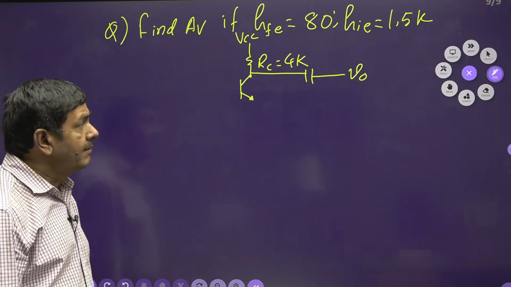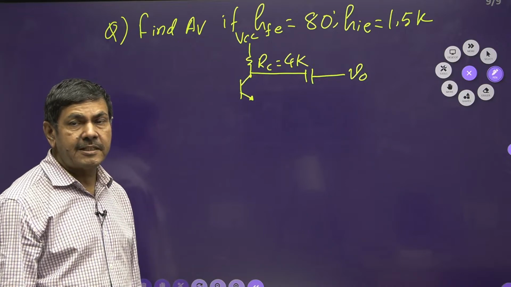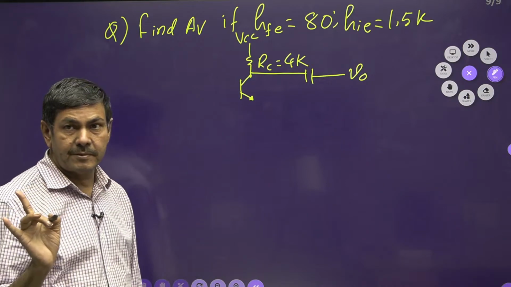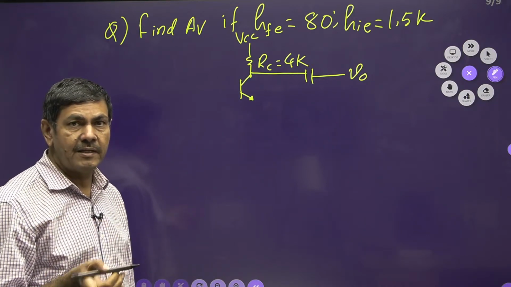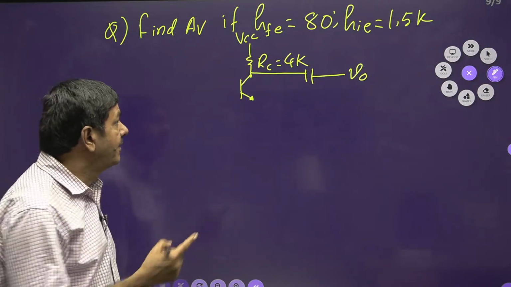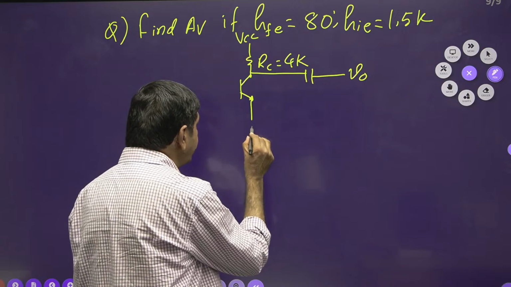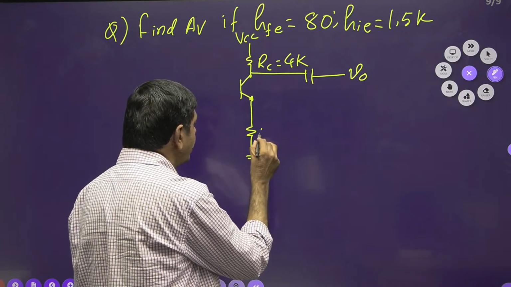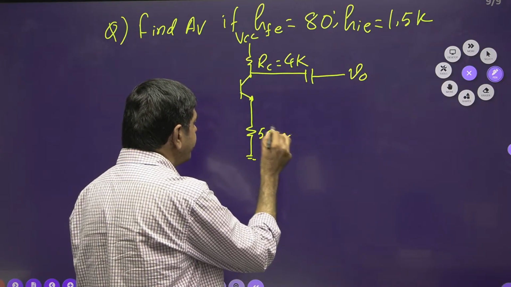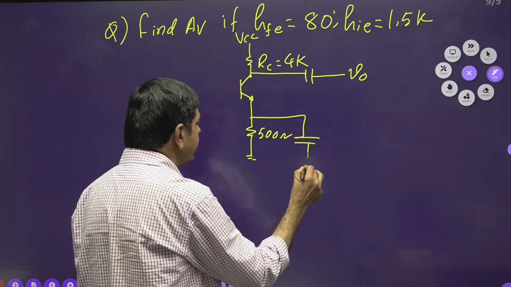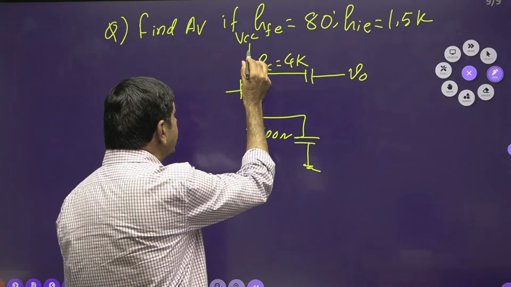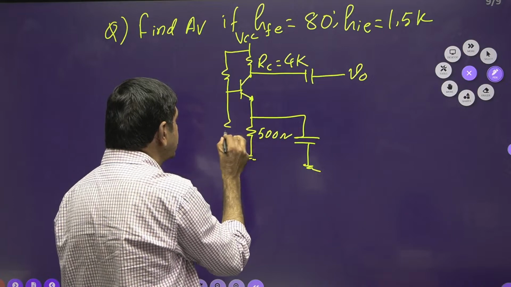When RL is not given, it means Z0 is equal to RC only. If RL is also given, you will apply RC parallel to RL. Anyhow, this is given like this. Here RE is given as 500 ohms. There is a capacitor and also two resistors connected here.